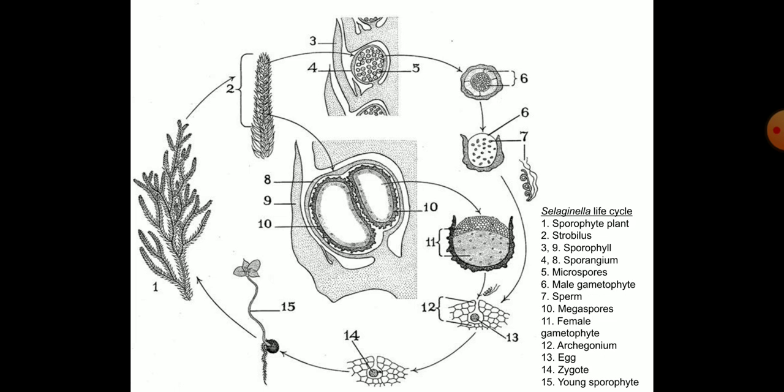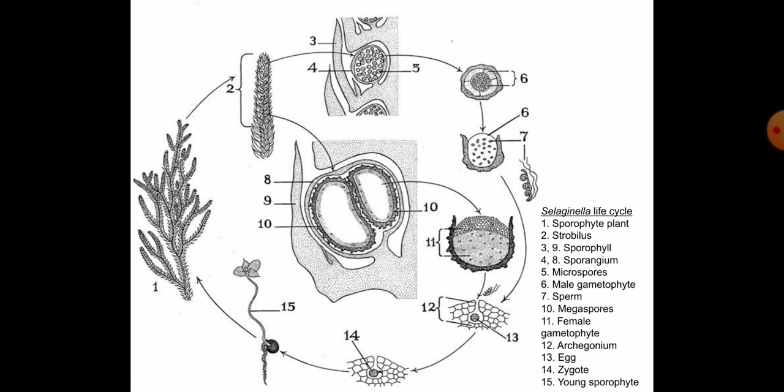This is the complete life cycle of Selaginella. The first stage represents the sporophyte plant, the second the strobilus, the third the sporophyll, the fourth the sporangium, the fifth the microspores, the sixth a male gametophyte, and the seventh the spermatozoids or sperm. The eighth again represents the sporophyll and the ninth the sporangium.